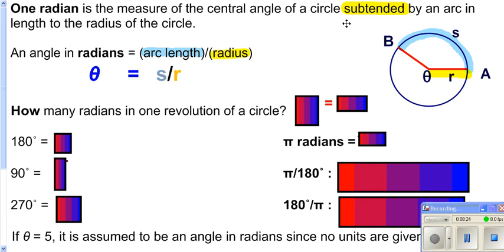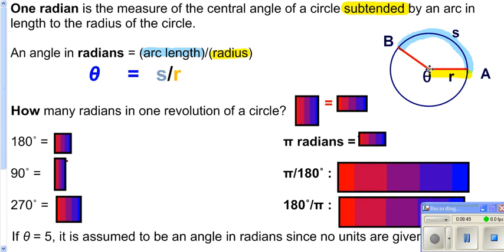The definition of a radian is that the central angle of a circle is subtended by an arc equal in length to the radius of the circle. That's the definition this book uses. I like the definition of another book which really accomplishes the same thing. It says take your arc length, divide it by your radius. Your arc length is this curved distance going around the outside.